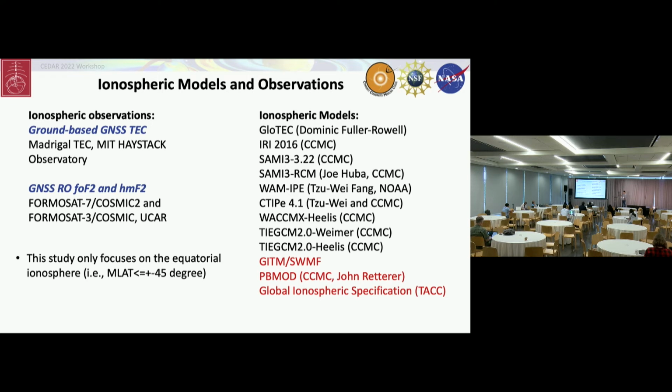I also use the spaceborne radio occultation observations from FORMOSAT-7 COSMIC-2, which can provide FOF2 and HMF2, so we can evaluate the performance of the models regarding TEC, FOF2, and HMF2. Because COSMIC-2 data coverage only focuses on the equatorial ionosphere, we only focus on around plus or minus 45 degrees magnetic latitude.